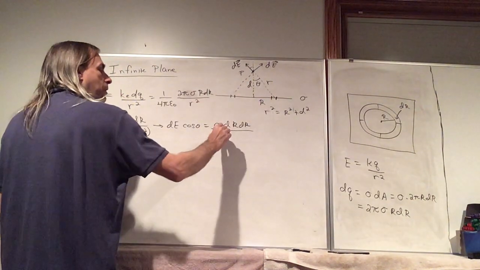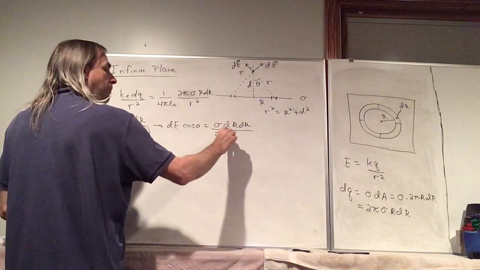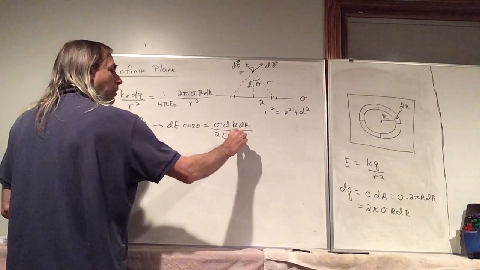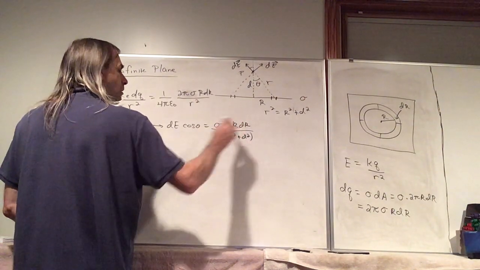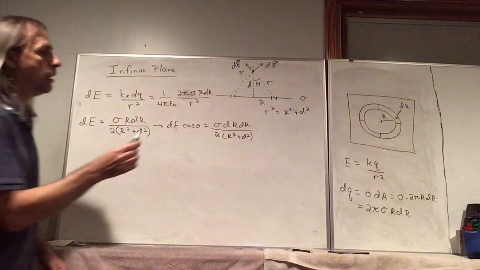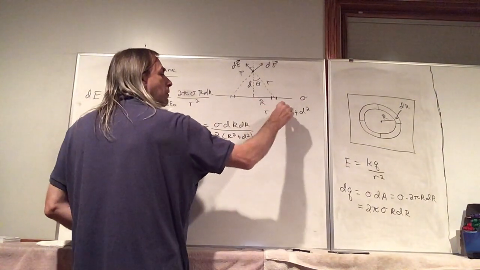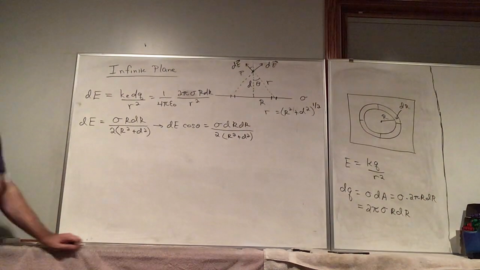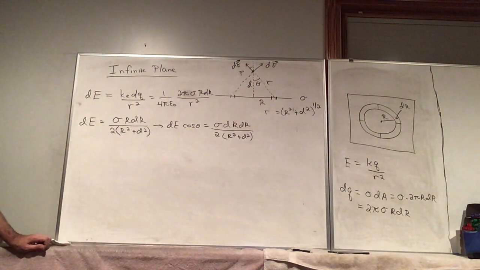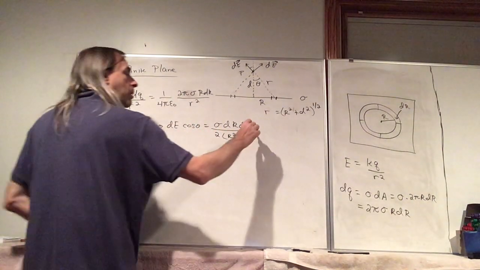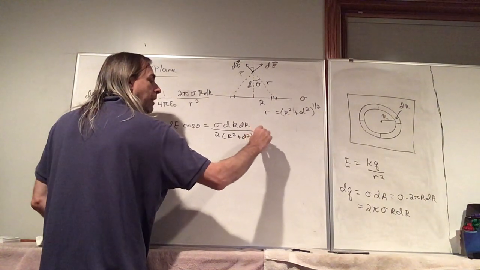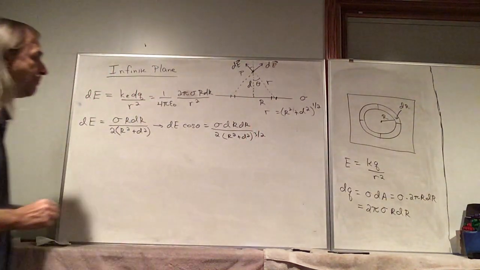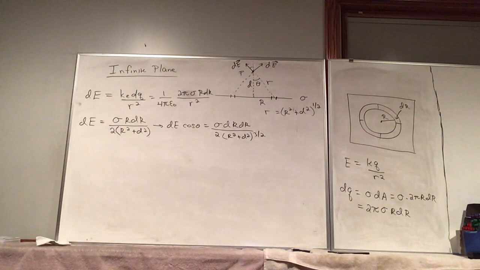And now we have r cubed. So r is r squared plus d squared to the 1/2. And so now we have r cubed, so this would be to the 3/2 power. So that's the only part of the electric field we care about. That's the vertical component.